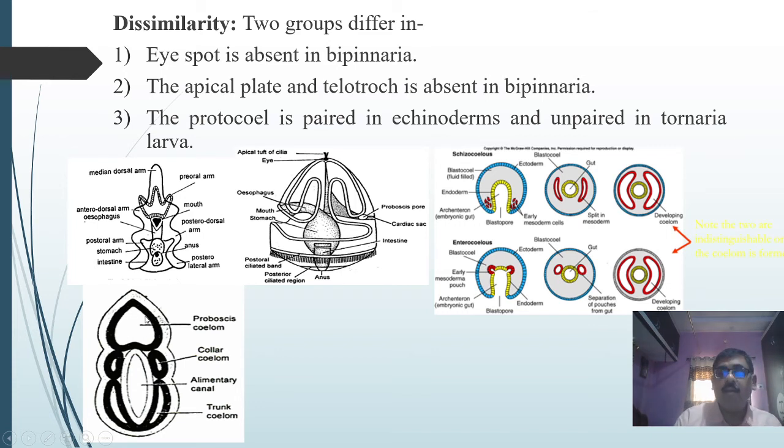While in echinoderms, the protocoele is paired. So paired protocoele in the echinoderm, and unpaired protocoele in Balanoglossus, the hemichordate.